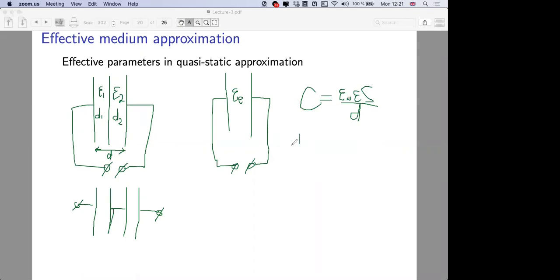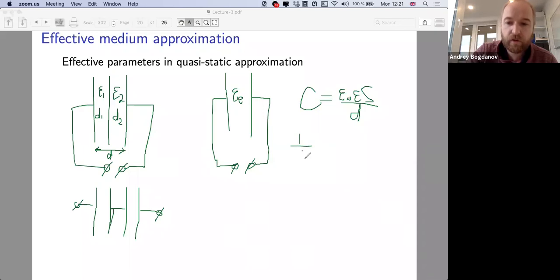Exactly. 1 over C is equal to 1 over C1 plus 1 over C2. So now I can write it in the following form. I need to substitute. It will be D, because the surface area is the same.